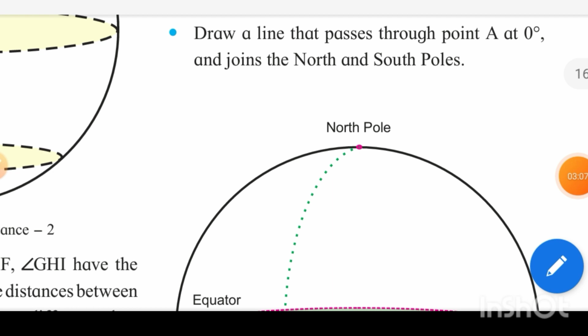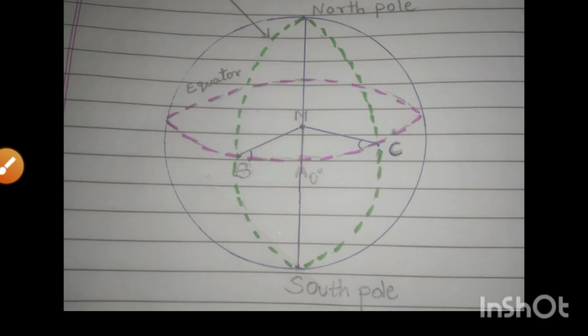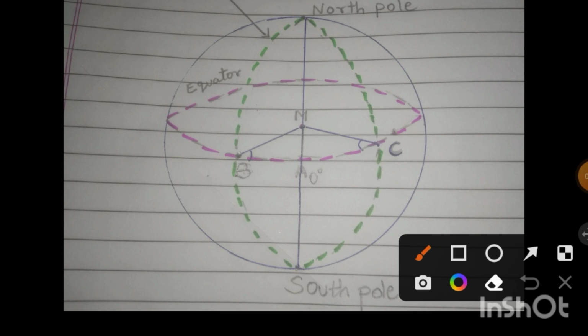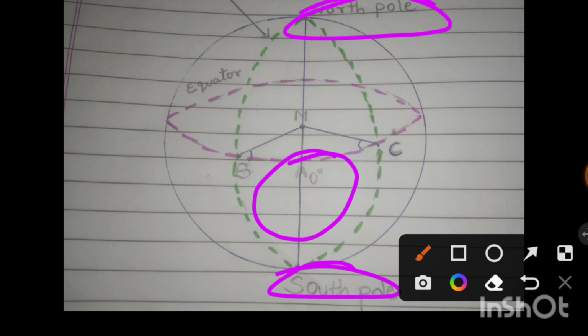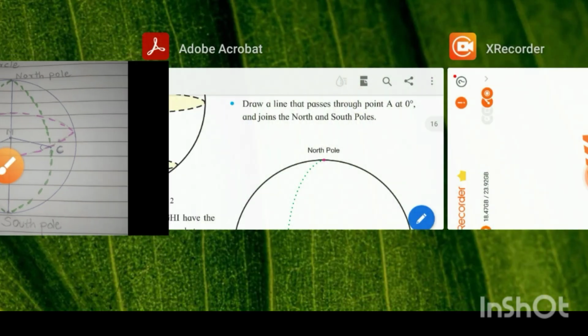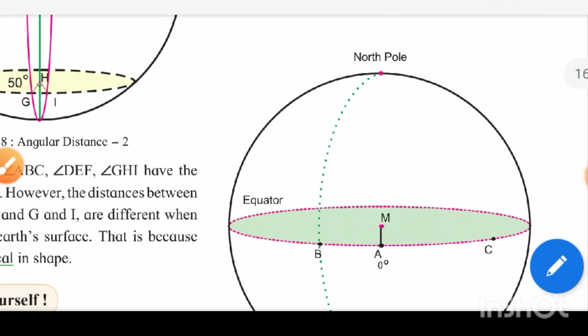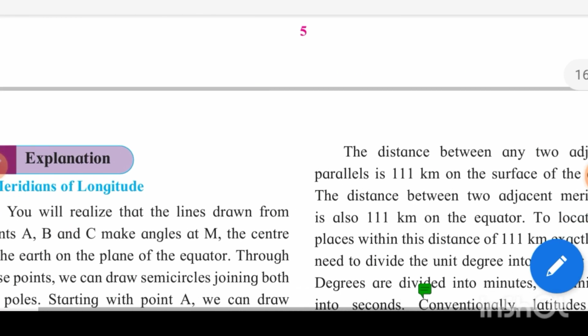Draw a line that passes through point A at 0 degree and joins the north and south pole. So you can see here the line which passes through letter A, which is 0 degree, and it joins at north pole and south pole. So we have followed all the instructions.